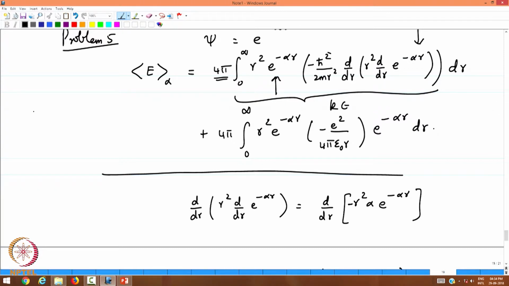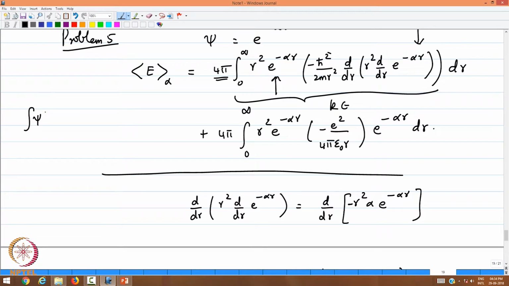missed here. The wave function should be normalized. Therefore, you need to do psi star psi r square dr sin theta d theta d phi.